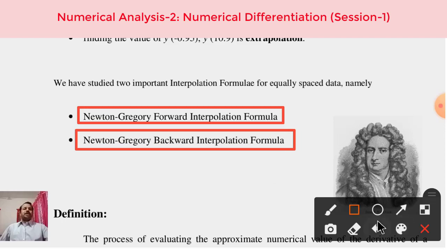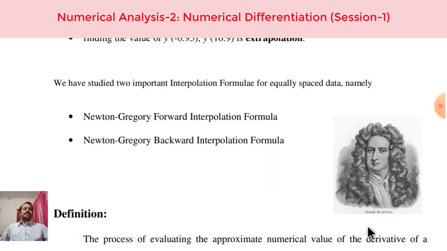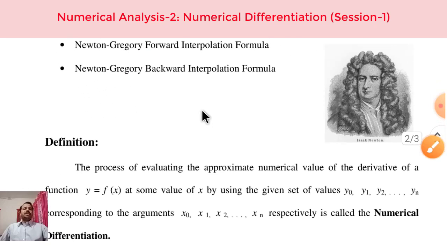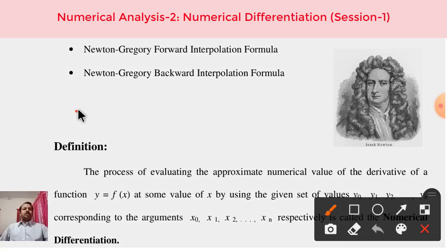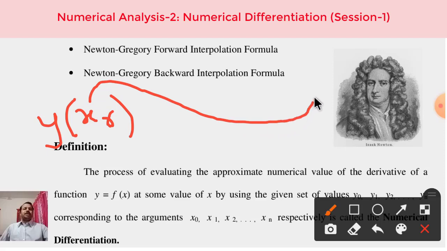And we know that when the point xr at which we intend to find the value of y is near the beginning of the table, we use Newton's Gregory forward interpolation formula.